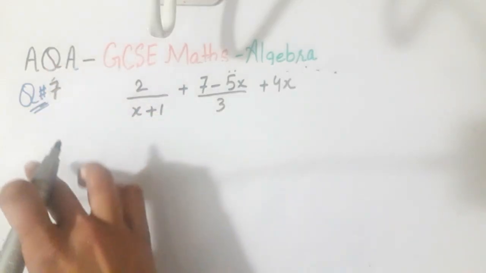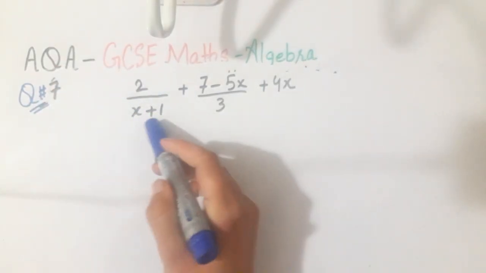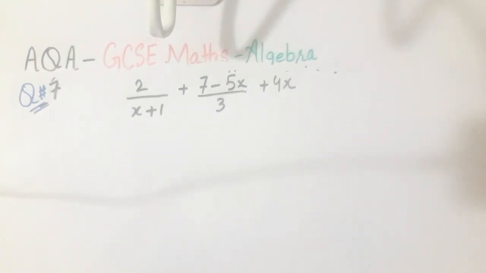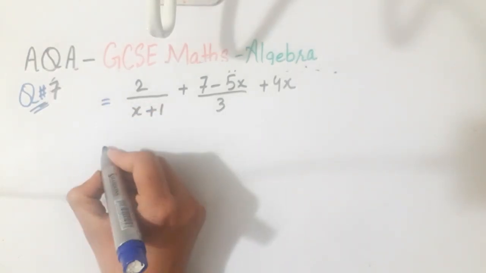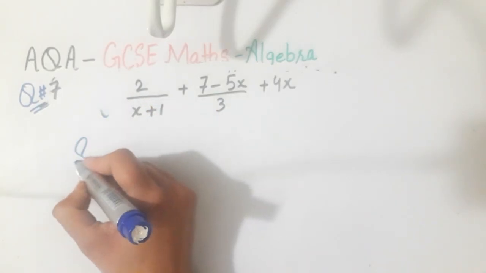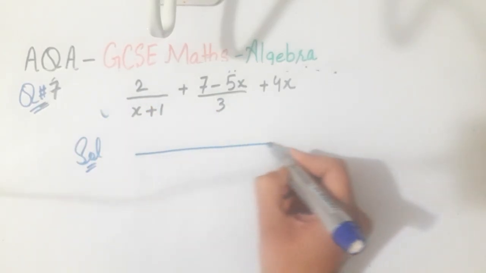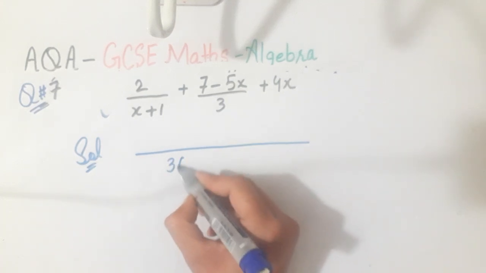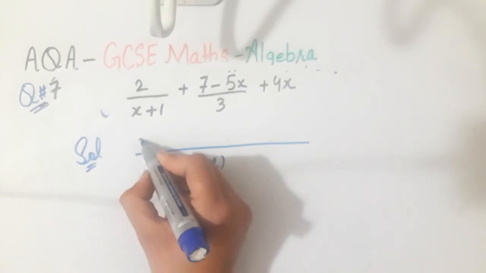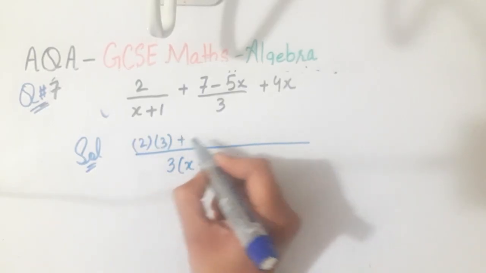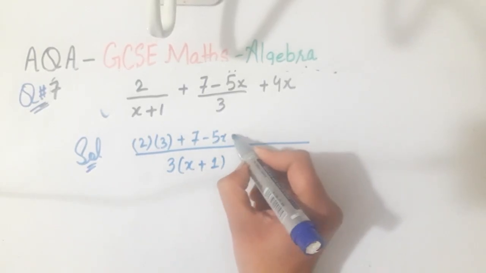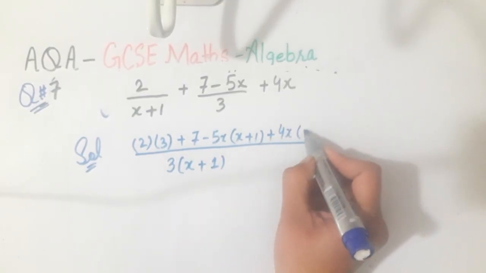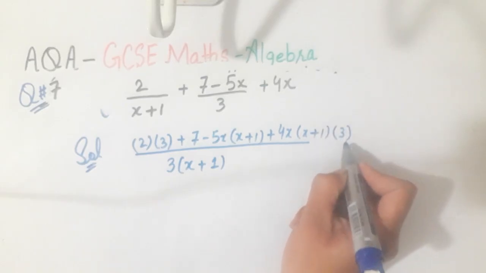Now this is a very interesting question, that is 2 by (x plus 1) plus (7 minus 5x) by 3 plus 4x. So we will solve this by taking the LCM, that is 3 into (x plus 1). So 2 is multiplied by 3, plus (7 minus 5x) is multiplied by (x plus 1), and the 4x is multiplied by (x plus 1) and 3.